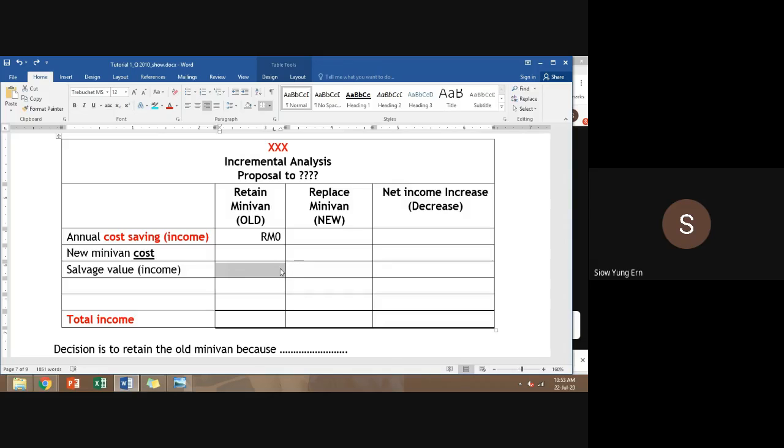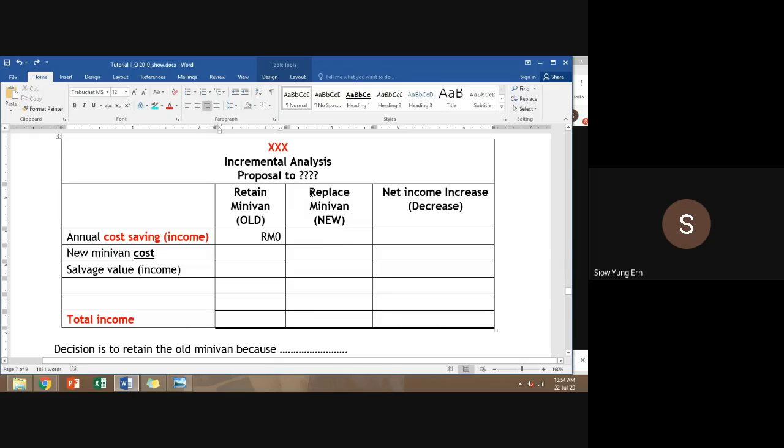No, also correct, 0. Because if you retain your old minivan, that means you are not going to sell off anything. So 0. Same thing, income you add up and then you get your total income.